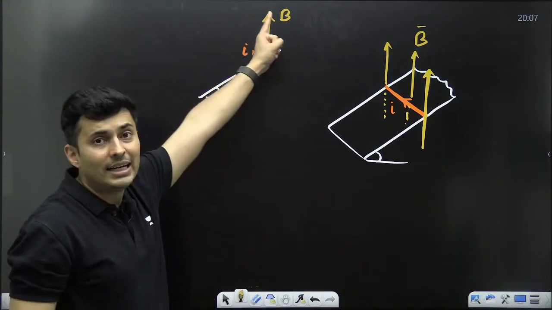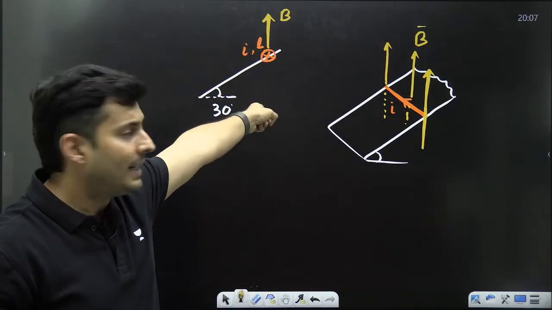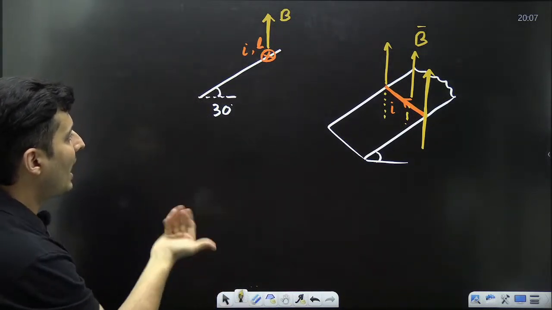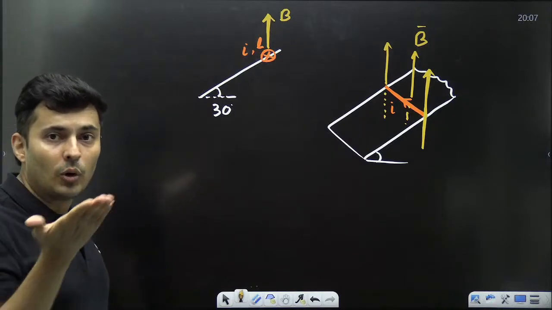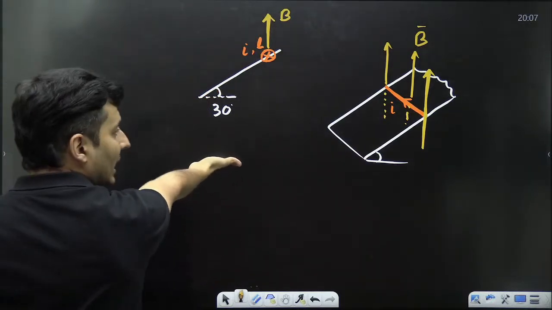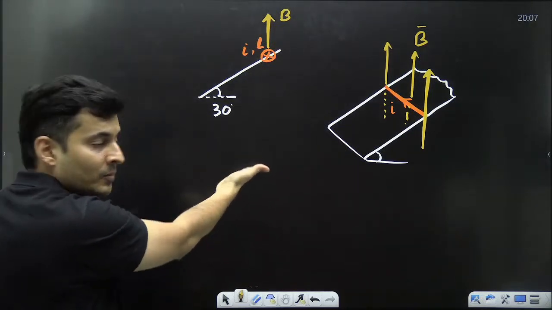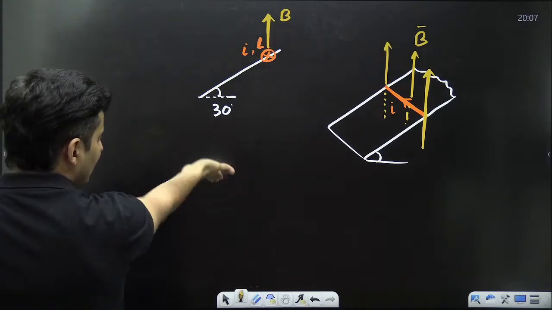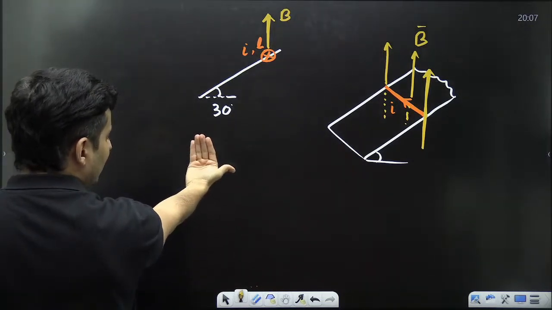The field is here, the rod is inside. So if you do L cross B, with L inside, hold your palm like this. L cross B: first length, then magnetic field. Length is inside, field is upstairs.